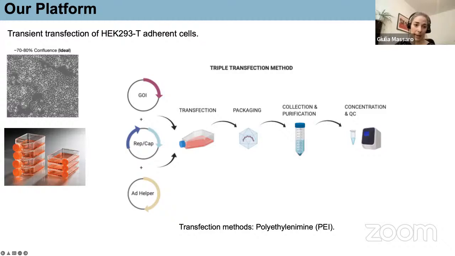This means you have your 3 plasmids: the gene of interest, your rep and cap, I'm talking about AAV mainly, and your helper genes. You transfect the cells in dishes or in flasks. The cells package the vector, and then you collect, purify, concentrate, and at the end you check for titer and quality of the prep.